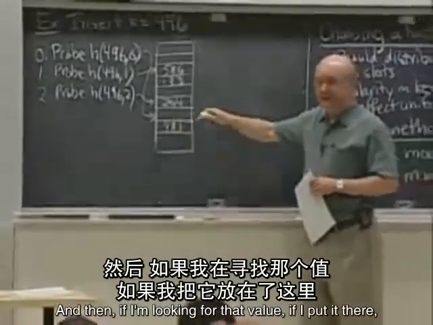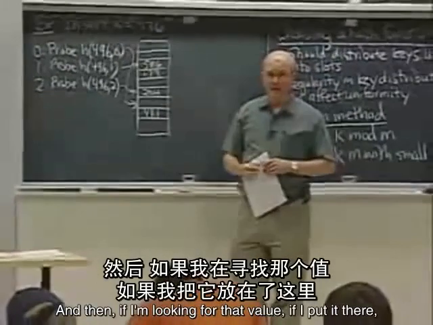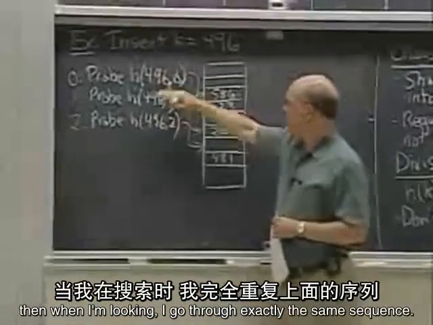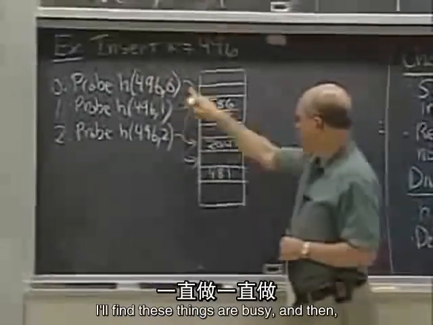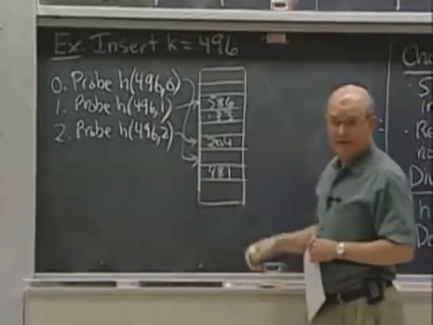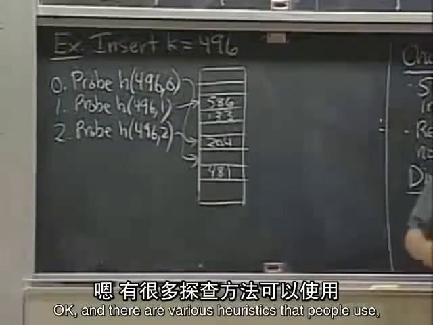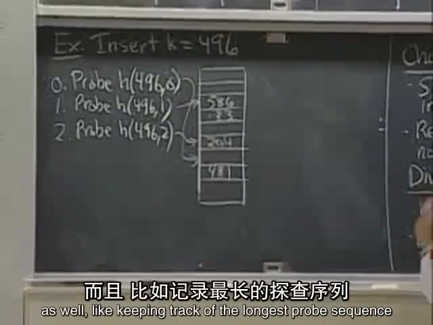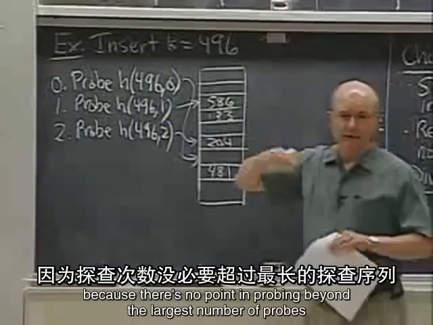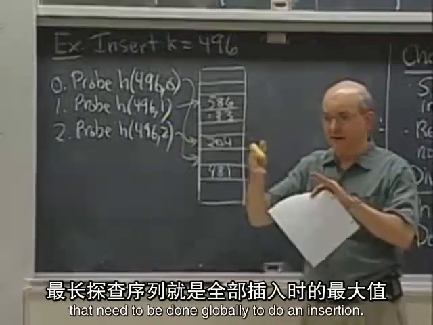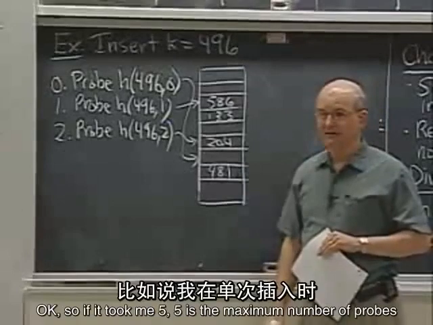Okay? And then if I put it there, then when I'm looking for that value, I go through exactly the same sequence. I'll find these things are busy, and then eventually I'll come up and discover the value. And there are various heuristics that people use as well, like keeping track of the longest probe sequence, because there's no point in probing beyond the largest number of probes that needed to be done globally to do an insertion.